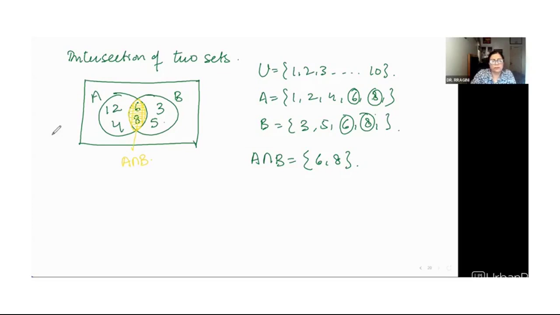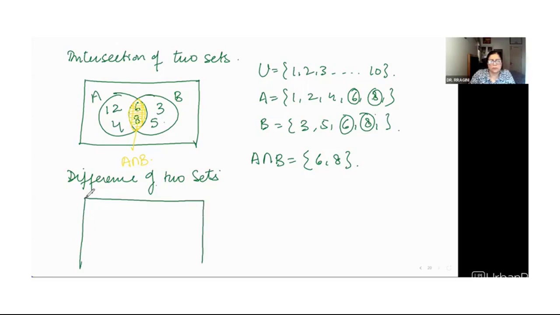Next we have difference of two sets, right? I'm taking the same example here.